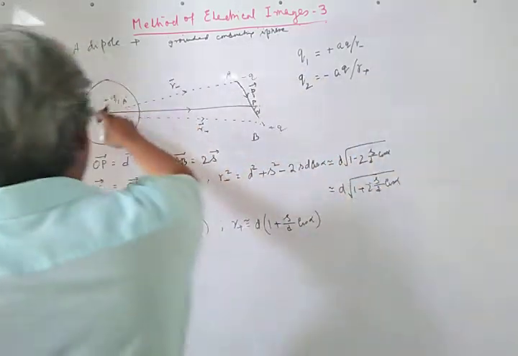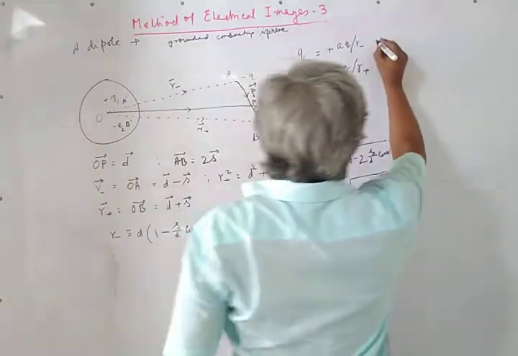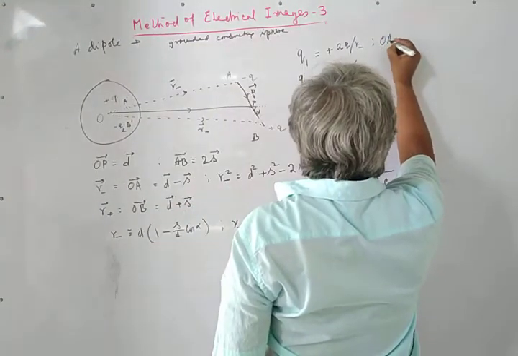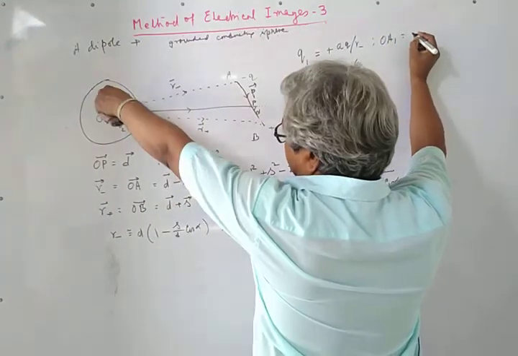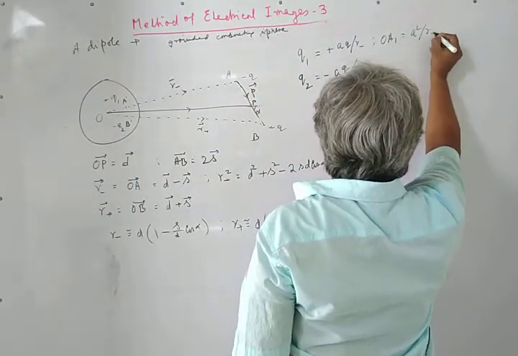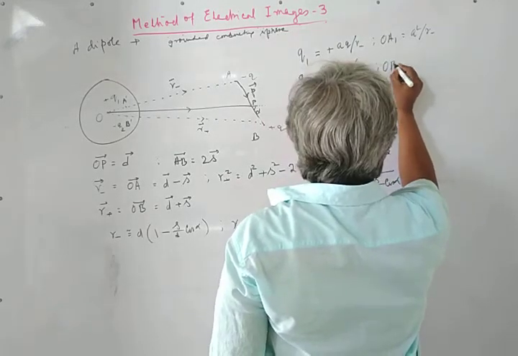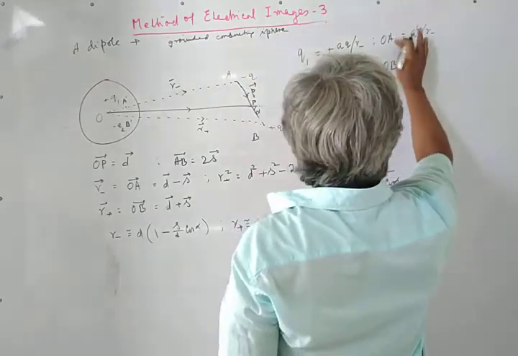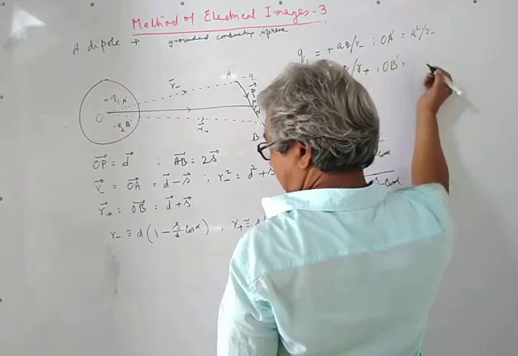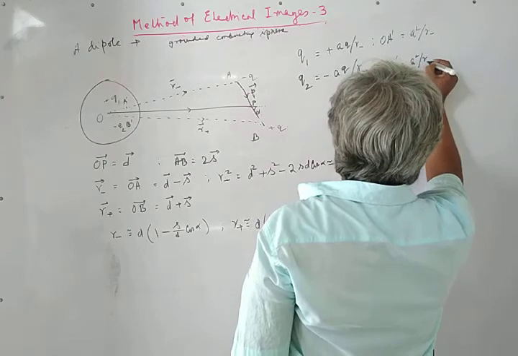The location of these, OA1 is D prime, A square by R minus, and OB1, oh sorry, we have O B prime, this is A square by R plus.